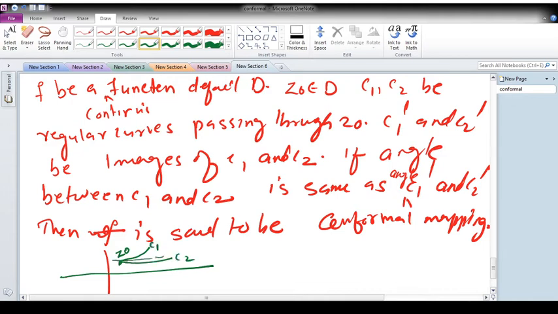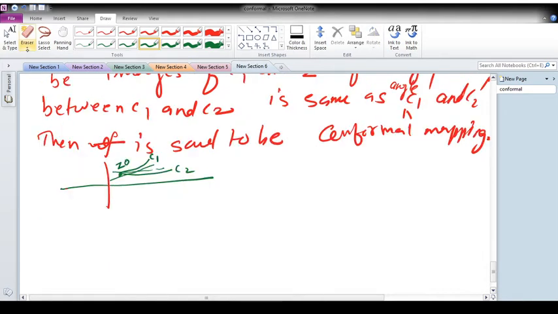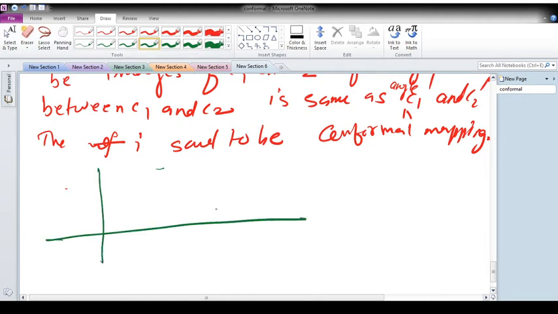We find the angle of C1 and the angle of C2. The bigger angle is theta 2 and the smaller angle is theta 1.